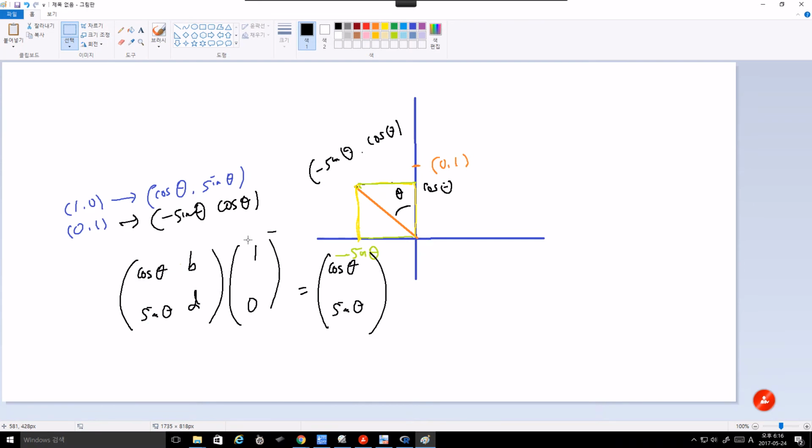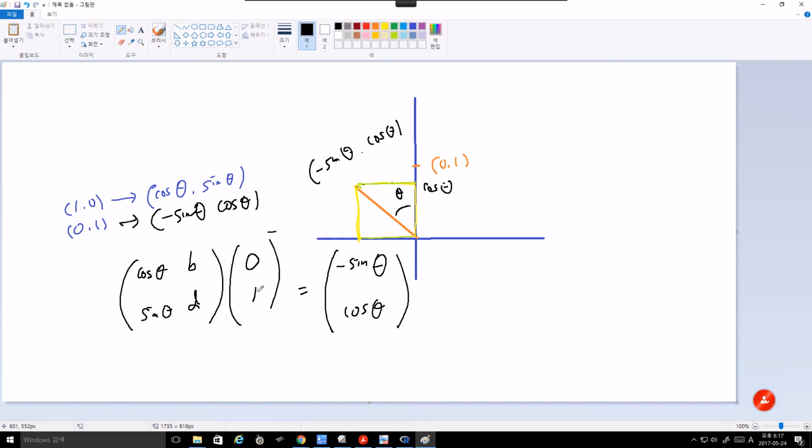Now instead of this, if we multiply (0, 1), the answer is (minus sine theta, cosine theta).